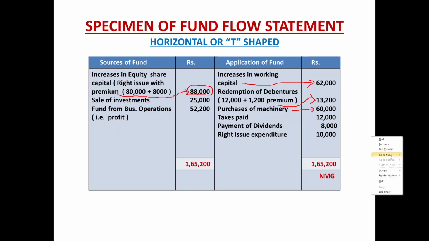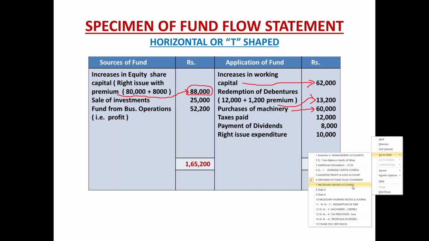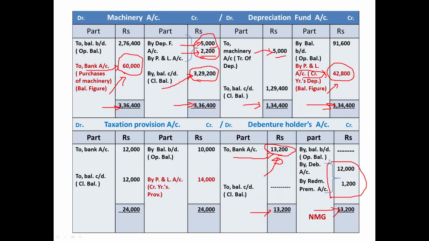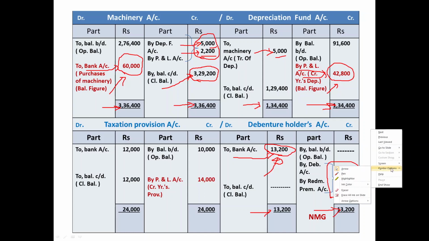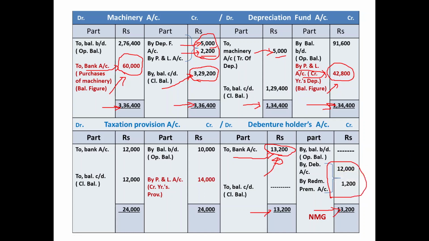Once again, let us verify ledger account. In this machinery account, another transaction is also there, having a narration profit and loss account 2,200.